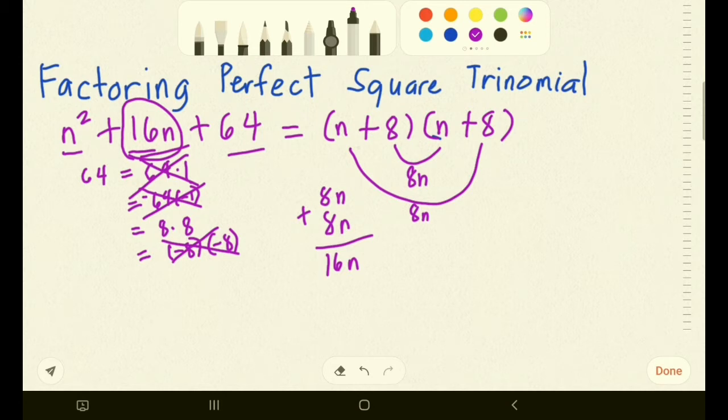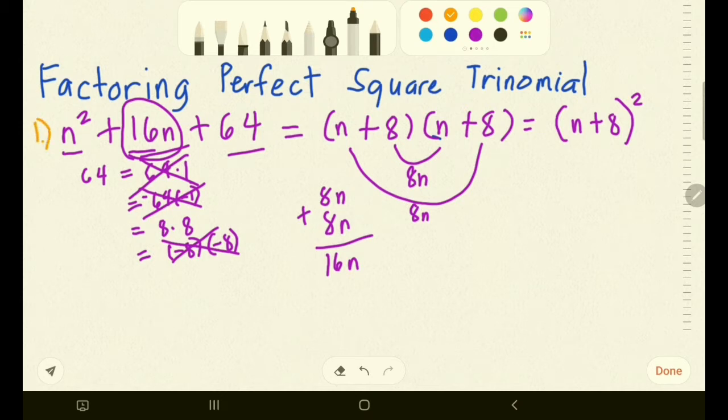As you can see, you have the same binomial factors, so we can express that to the power of 2. So you have n plus 8 quantity squared. This is case number 1.